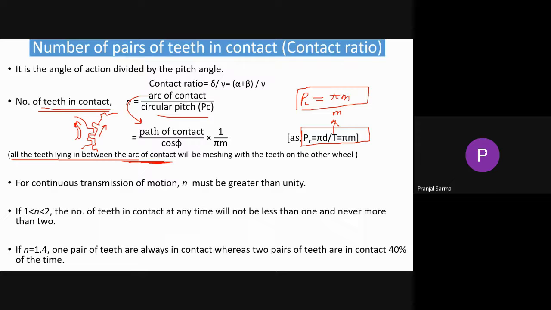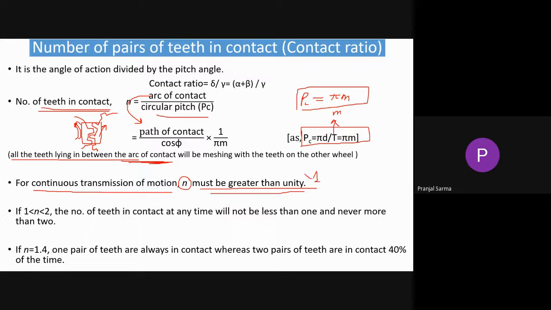Now we know that the motion transfer happens by the gradual engagement of the teeth from both the mating gears. So if we want continuous transmission of motion from one wheel to the other, then this n, the contact ratio, must be greater than one, right?